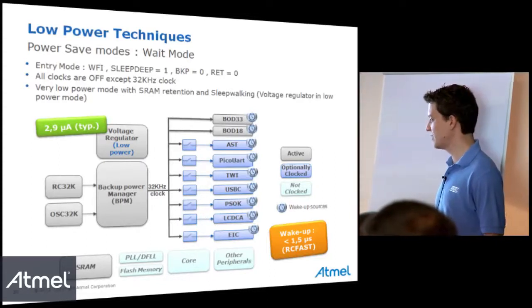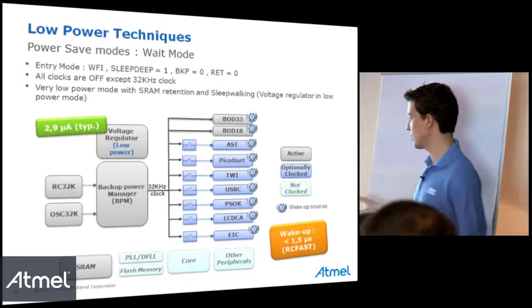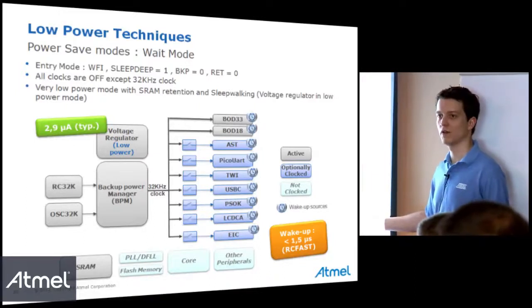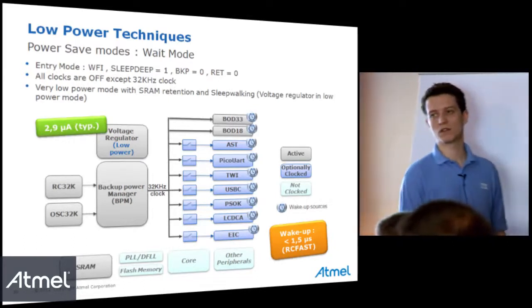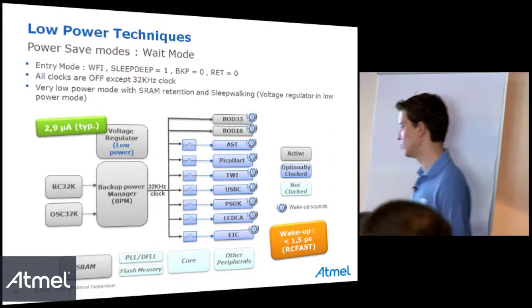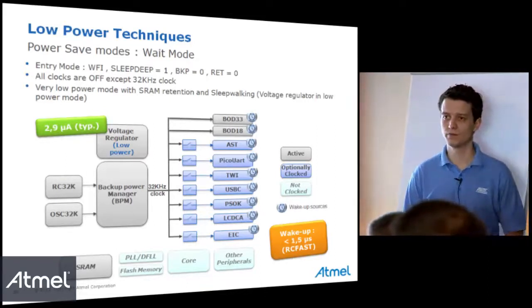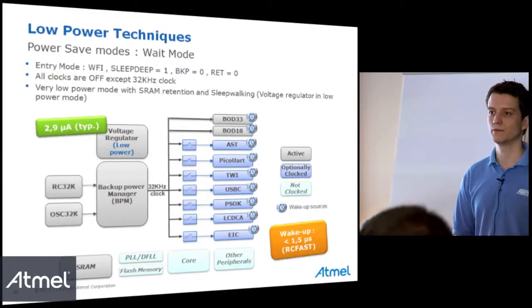The wake-up time is below 1.5 microsecond, and this wake-up time is variable. It depends on the clock that you have selected. You need to select LC fast in order to have a wake-up time below 1.5 microsecond. So you will wake up on LC fast after 1.5 microsecond. Then you can select the clock that you want, but it can increase the wake-up time. Okay?